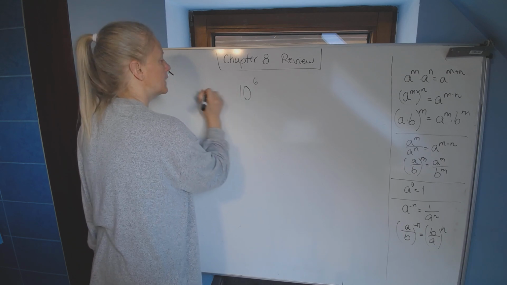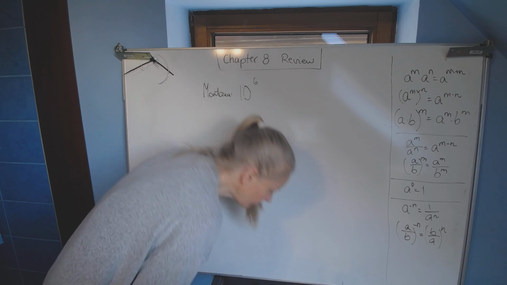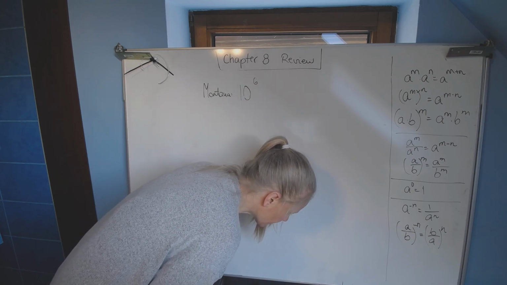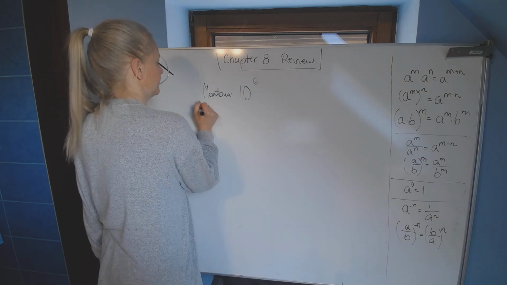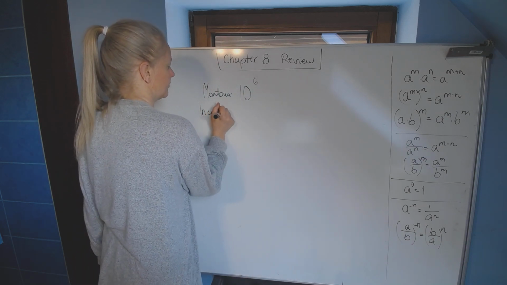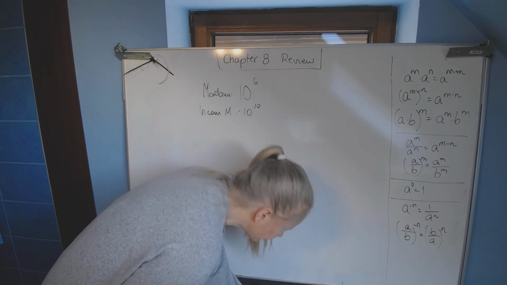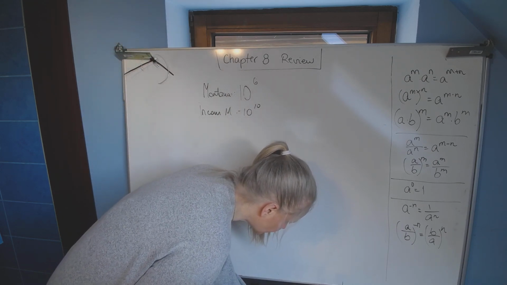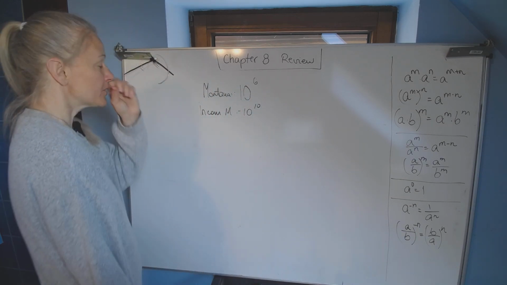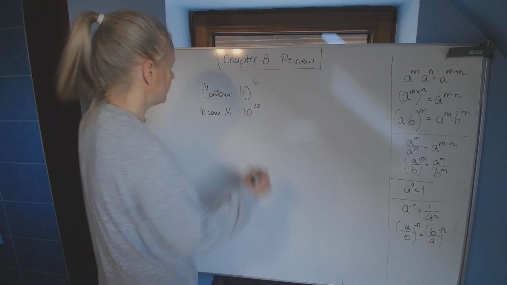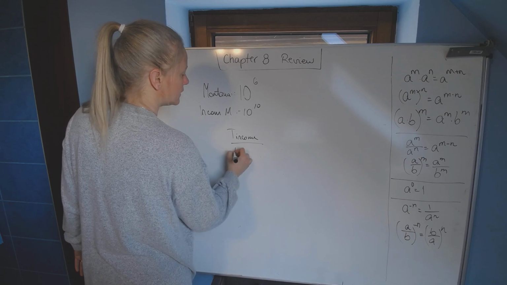The order of magnitude of the total personal income for Montana was 10 to the 10th. What was the order of magnitude of the mean personal income in Montana in 2003? To find the mean personal income, you're going to have the total income over the total population.